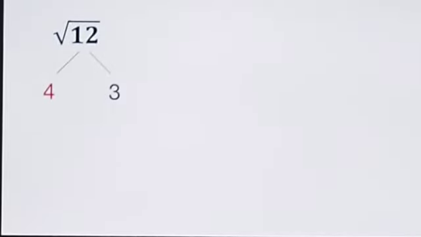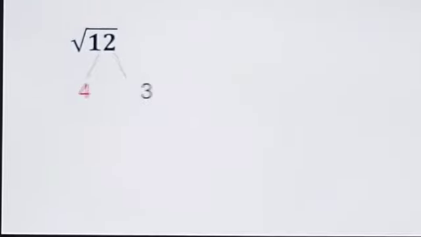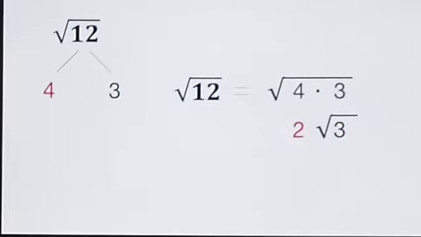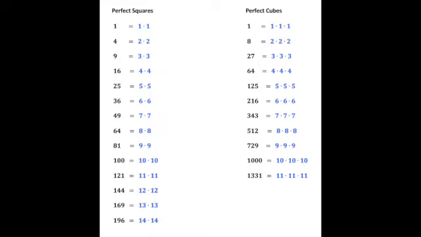When we do a factor tree for 12, you can see that it splits into 4 times 3. The 4 is on the perfect squares list, so that could tell you that 2 is going to be on the outside without ever having to finish the whole factor tree. So beginning to recognize these numbers can help you save time.